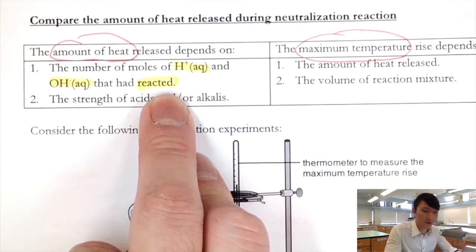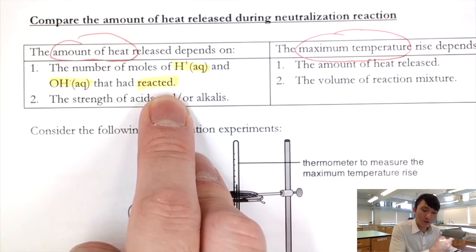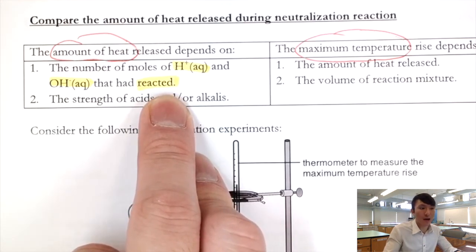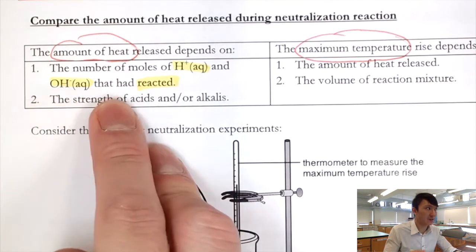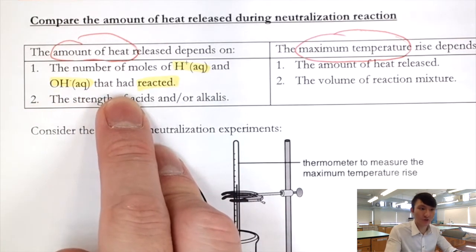Now here it concerns limiting and excess reagent. Because just now, for all of those experiments, we had equal moles of acid and alkali. But in some situations where we have an excess reagent, then we have to look into the actual number of mole of H+ and OH- that has reacted, rather than just looking at one of them.